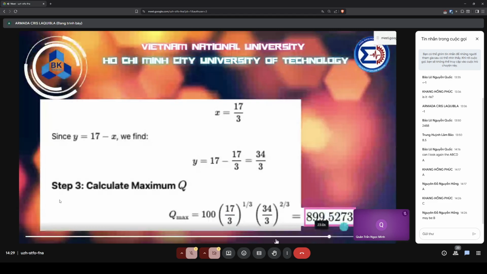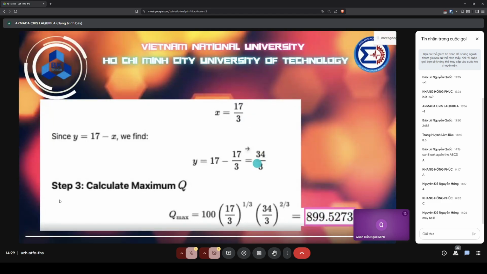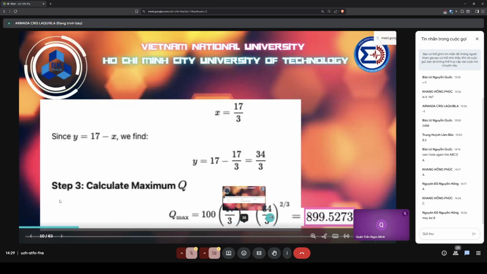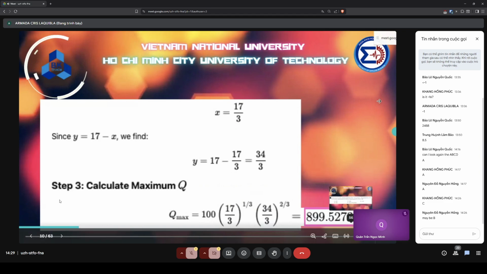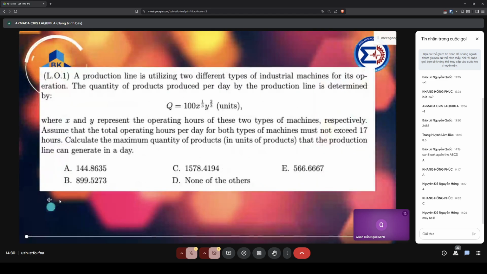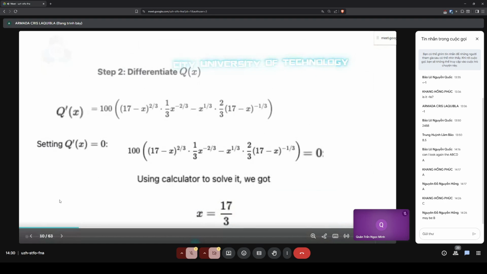We are sure that this is the greater number because there is no other value and they are both positive, so the result is positive also. That is letter B. So that is why B is the correct answer.